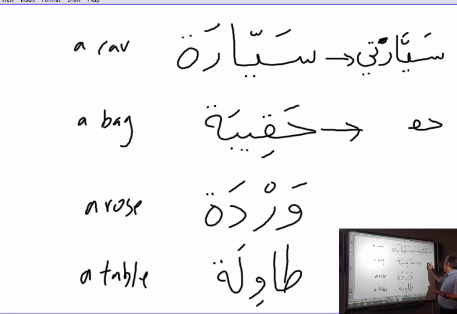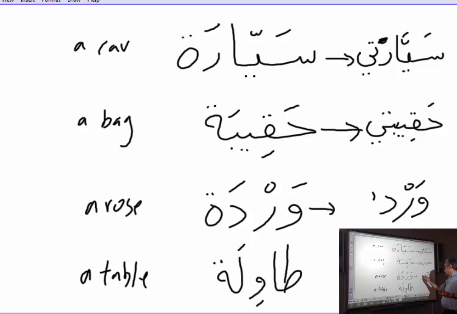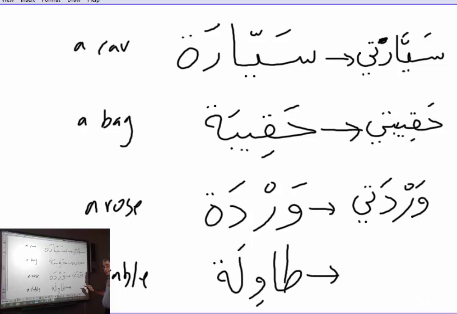So you can see I have to write the ordinary ta, then link it up with ya. Ya is the attached pronoun. And warda, if I say my rose, I can say wardati in the same way. And if I take tawila, if I want to say my table, I can say tawilati.